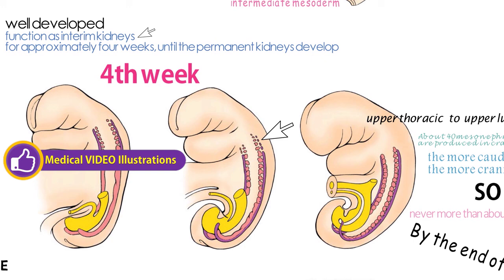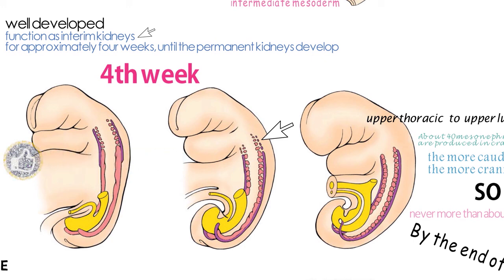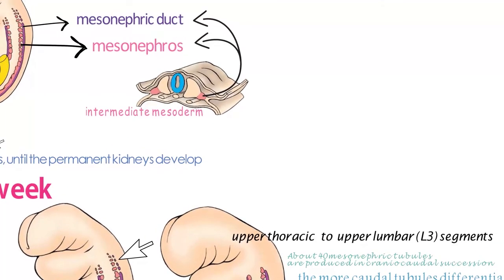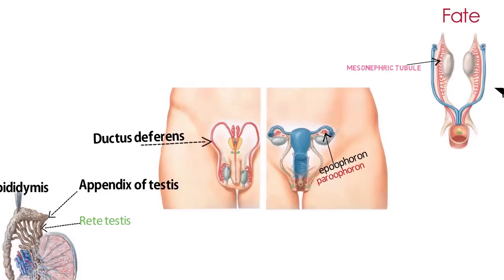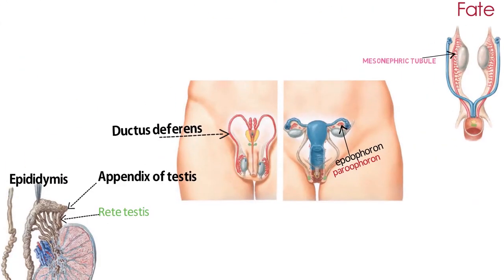We can say they function until the end of the first trimester. Mesonephros are present in the upper thoracic to upper lumbar region, and they develop from intermediate mesoderm. In males, mesonephros form ductus deferens, epididymis, appendix of testes, and rete testes. In females, the mesonephros form apoophoron and paraophoron.